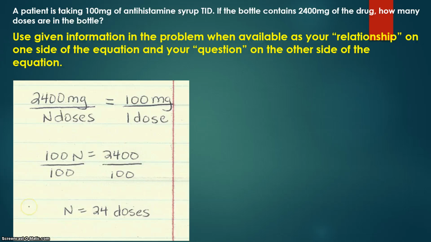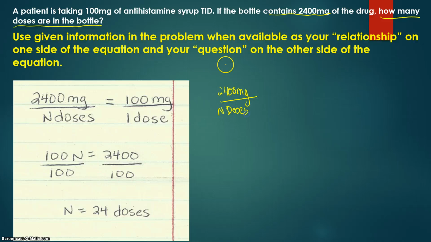Our step is to first identify the question. We want to know how many doses are in the bottle, correct? The bottle contains 2,400 milligrams, so 2,400 milligrams over n doses.